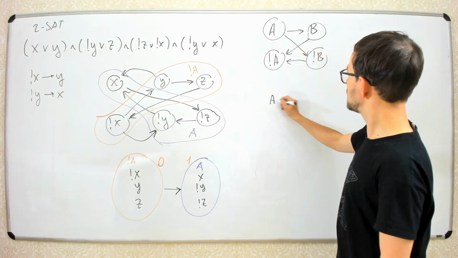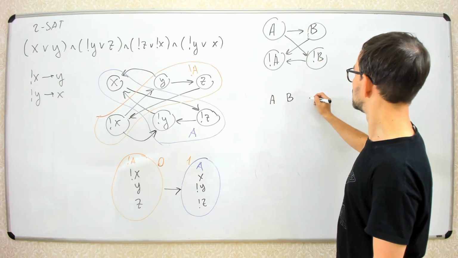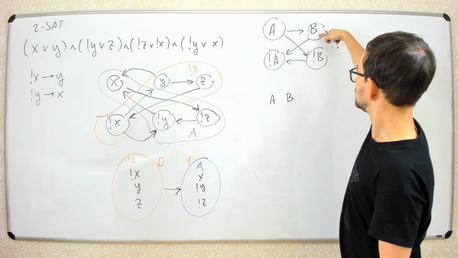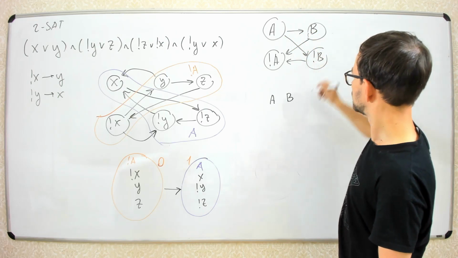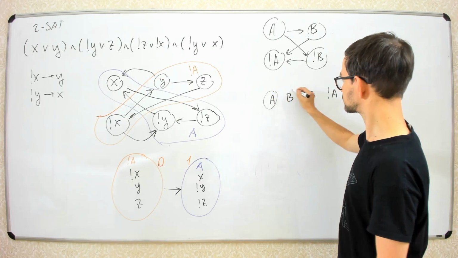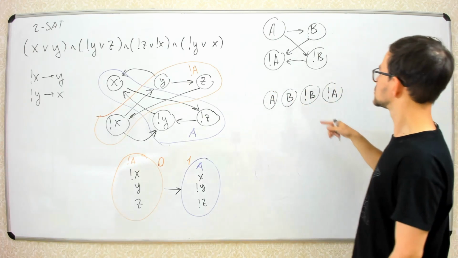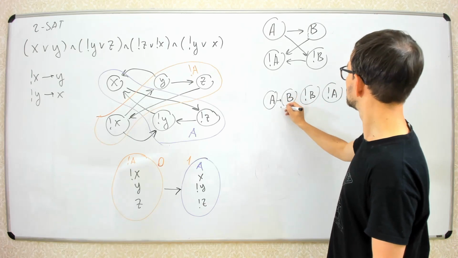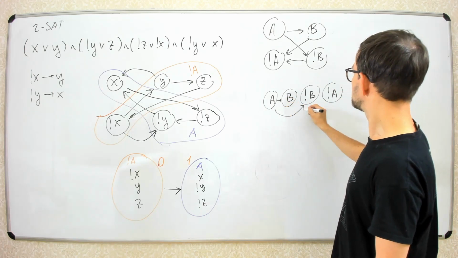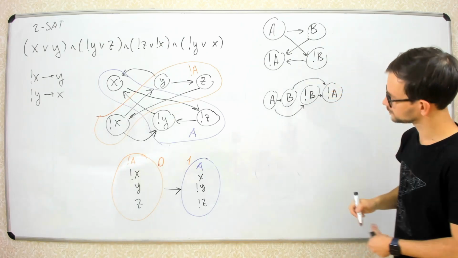So you have A, let's say B, then for example not B, and then not A. So this is the topological ordering of this graph. So we have edges like this.